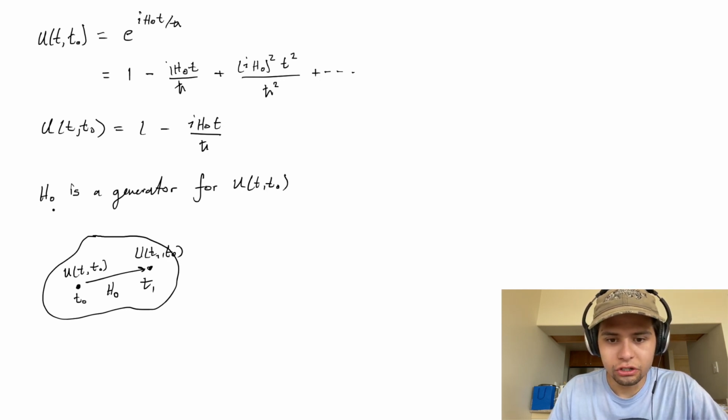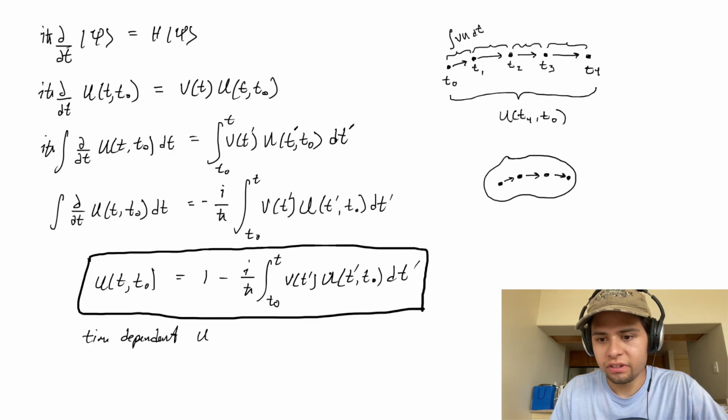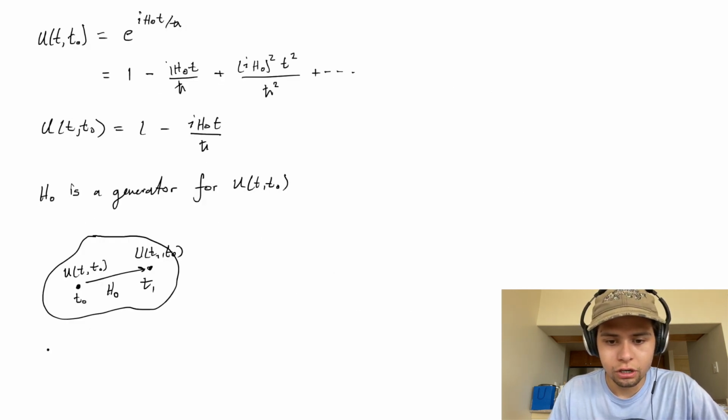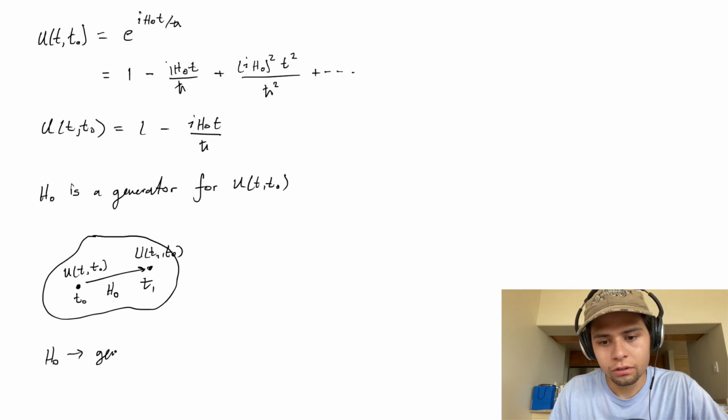So h naught is a generator, and v of t is like a weight, okay? So h naught we can think of as a generator, and v of t is like a weight.